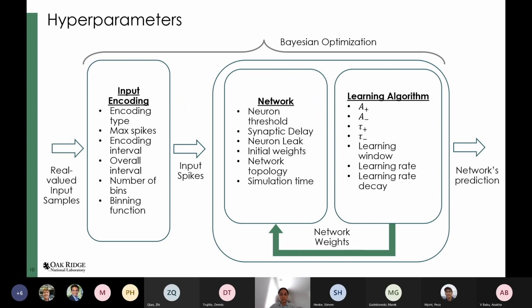So that's the basic learning rule for training the network weights. In addition to that, we also have a certain number of hyperparameters that cater to the different phases of the training, right from input encoding to the network parameters, and then the algorithm itself has a number of parameters.